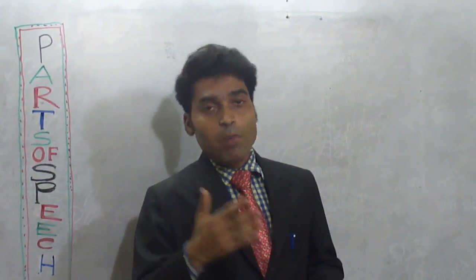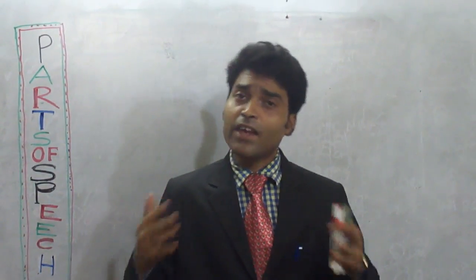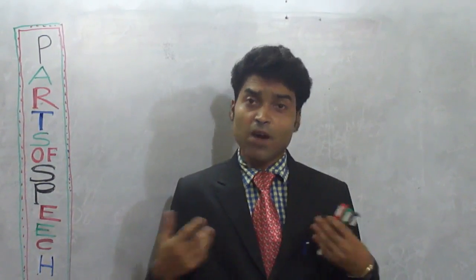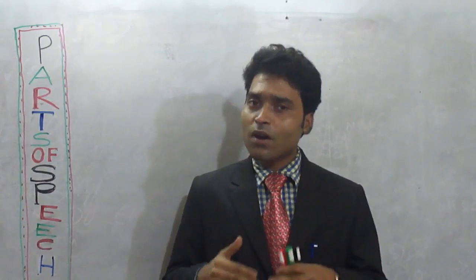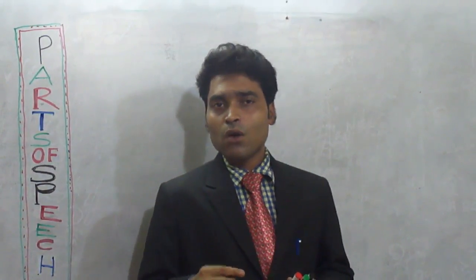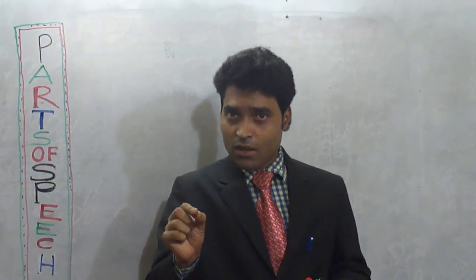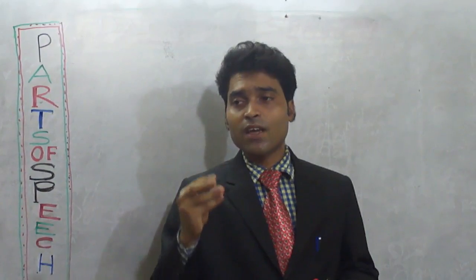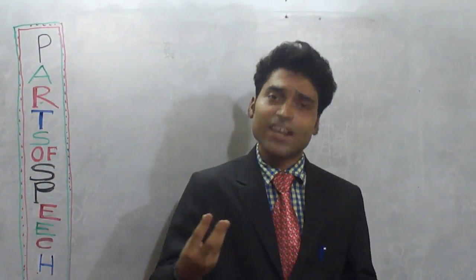Please remember, parts of speech are 8 in number. There are 8 types or 8 categories of parts of speech. What are those categories actually? Before learning that, let's know what a word is. Word means a group of letters which has a sense of complete meaning, which expresses a sense.